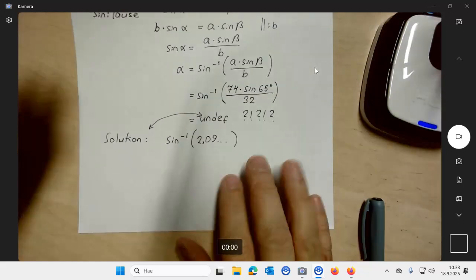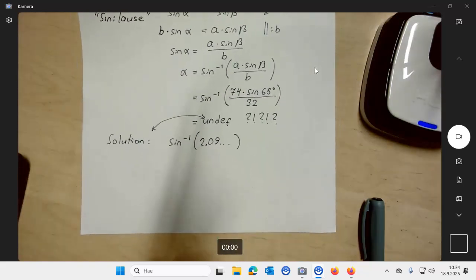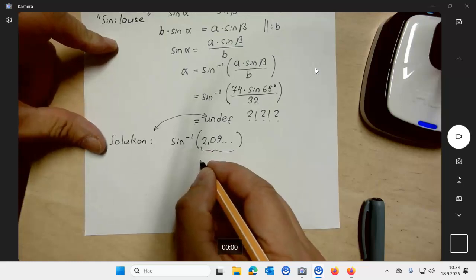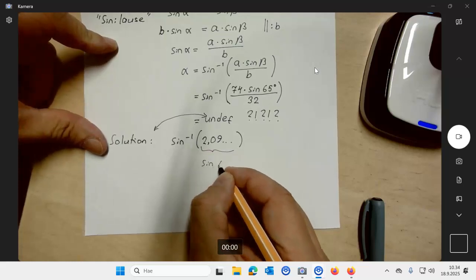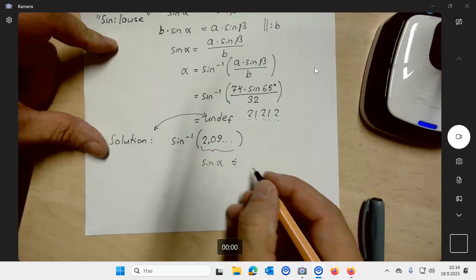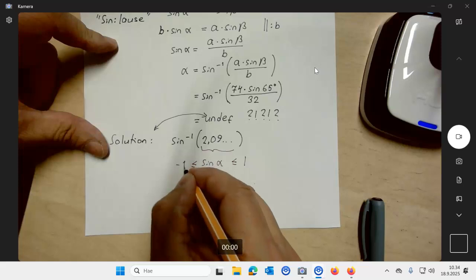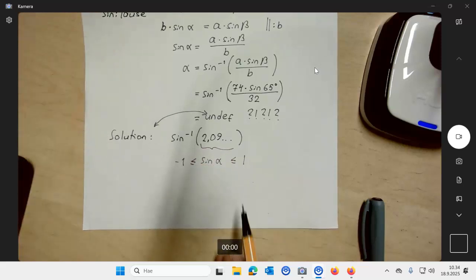So here we see the reason for that. The sine alpha should be between +1 and -1. So here we get an undefined value.